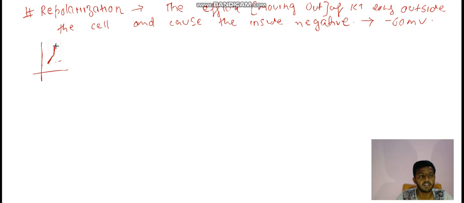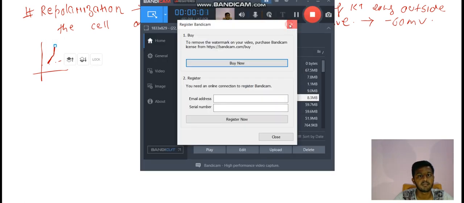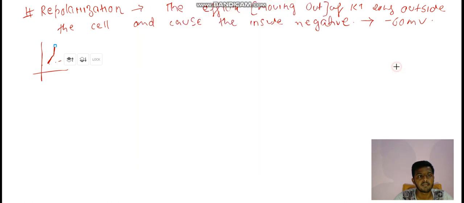Now again in repolarization the membrane potential is decreasing, and it reaches minus 65 millivolt. After that it will not stop, it will come down again and then increase and attain the resting membrane potential of minus 70 millivolt. This is potential, here is the time.